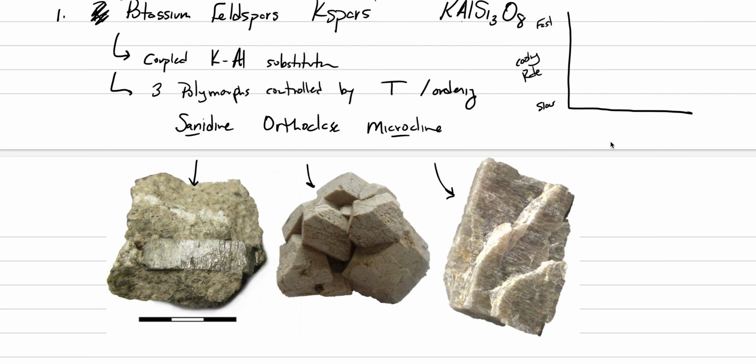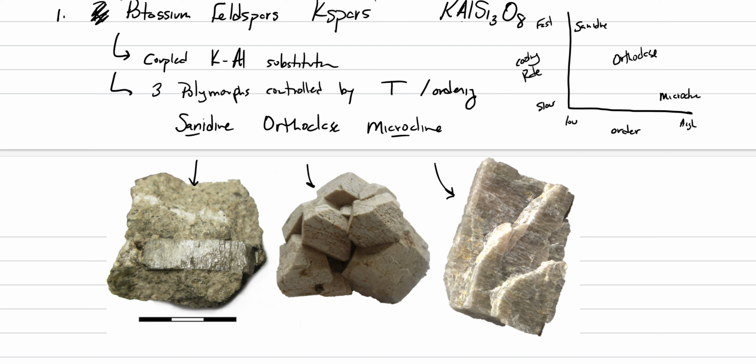And on the x-axis, we're going to put order of the crystal lattice, where things are very well ordered, high order, and here is low order. And we can plot all three of these polymorphs onto this graph. The things that are very rapidly cooled from high temperature but do have very low order is sanidine. Orthoclase sits in the middle. And the highest order but slowest cooled polymorph is microcline.